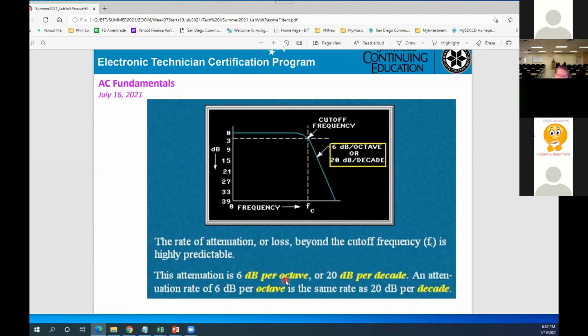Why? The thing is, 0 dB means right here input and output are the same. That means the gain equals 1. However, when you go to the cutoff right here, they drop to 70.7%, equivalent to minus 3 dB. That has to be negative, because we lost.